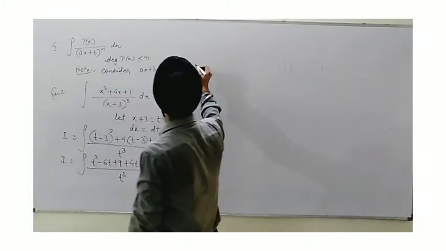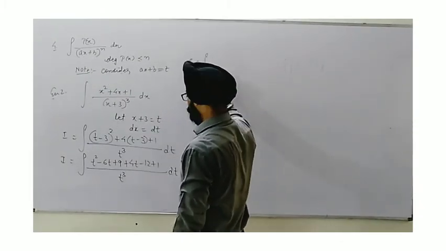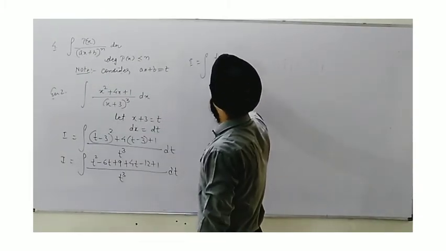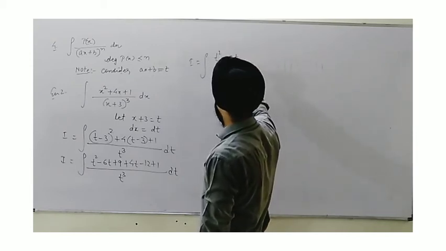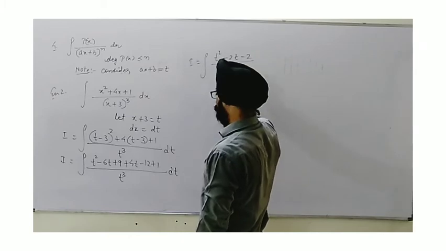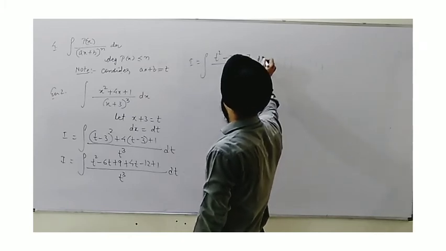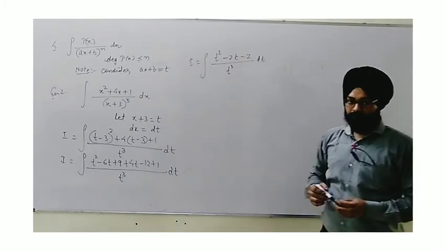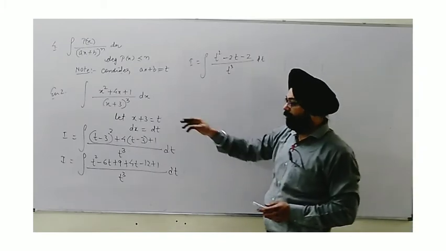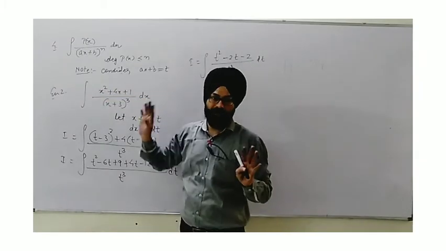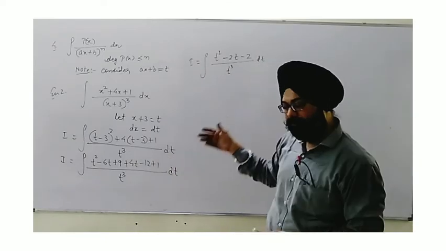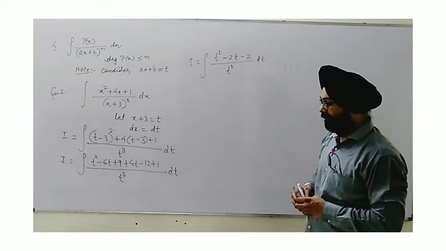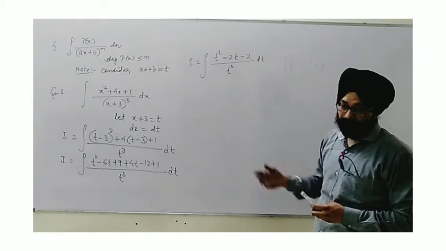We get t square minus 2t plus, 9 minus 12 plus 1, minus 2, upon t cube. So conveniently we have done it. The best way is to apply this method whenever the degree goes to a maximum of 3. More than that you don't apply it. There are different methods you can choose in that case, suppose the degree is more than 4.